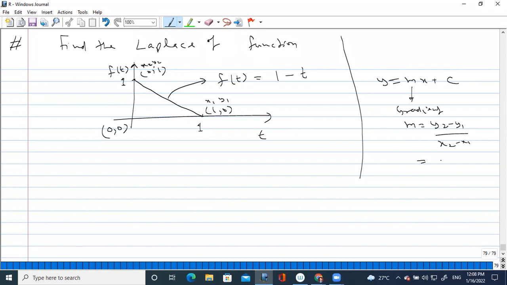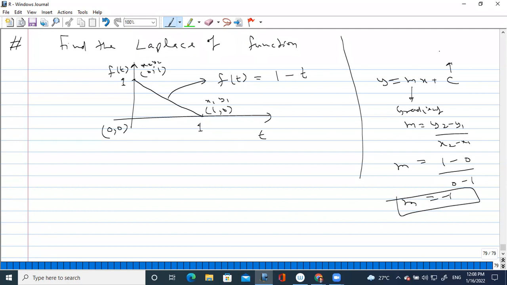So you put it here. y2 minus y1: y2 is 1 minus y1 is 0, divided by x2 minus x1. x2 is 0 minus x1 is 1. So the answer is -1.